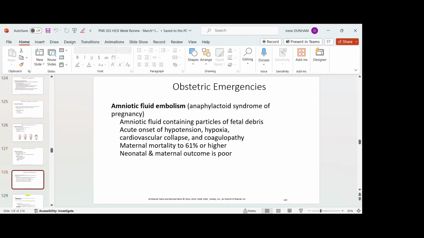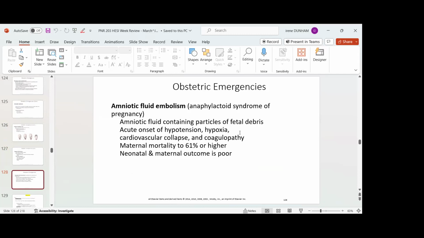Amniotic fluid embolism is where the amniotic fluid has a lot of fetal debris in it, such as maybe meconium, lanugo, which is little hairs, and vernix caseosa.